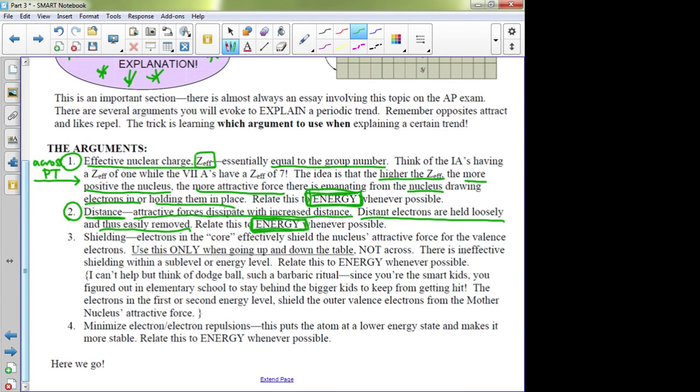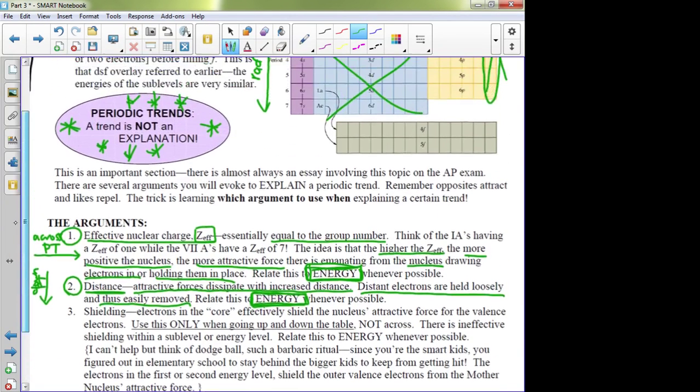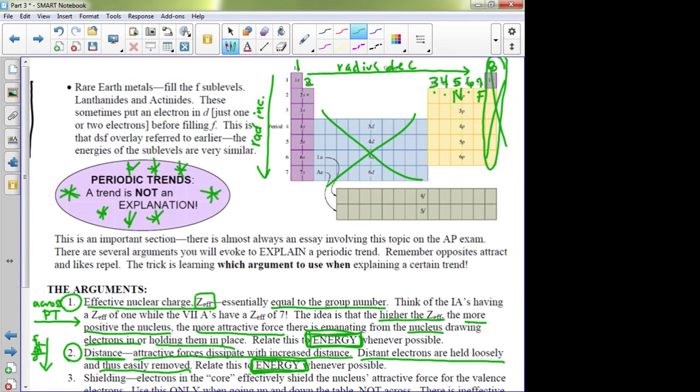Why has my distance increased as I go down the periodic table? Because this is the argument you will use, number 2, if we're going down the periodic table. The radius increases, but why has the radius increased? Look, here I'm at 1s, then 3s, 4s, 5s, 6s, 7s.